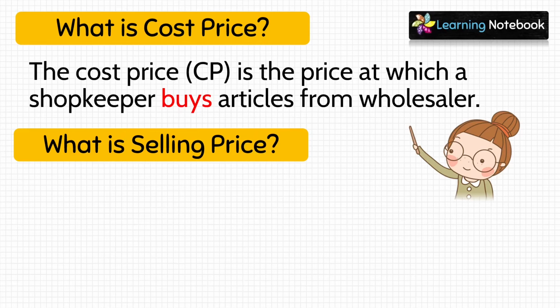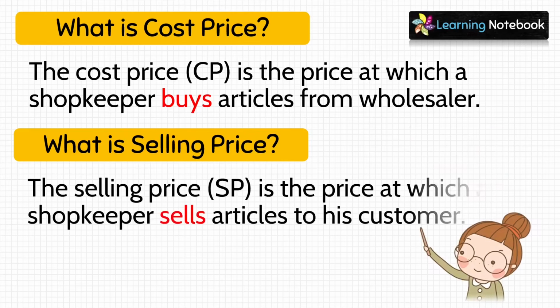Now what is selling price? Selling price or SP is the price at which a shopkeeper sells articles to his customers. So here the shopkeeper is selling articles.